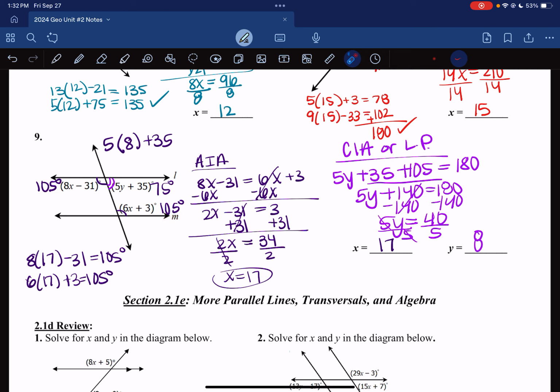That makes sense. Our two angles right here add to 180, which makes sense. And our two angles right here also add to 180, so it makes sense. So that's just one quick way to double check your answers and see if your answer is reasonable.